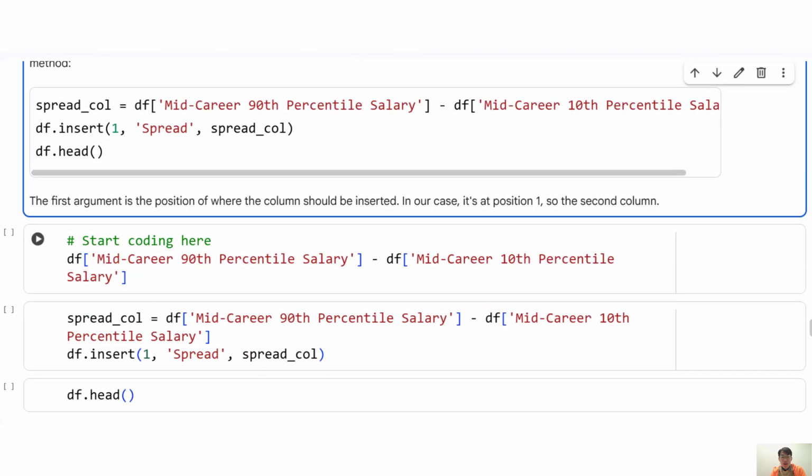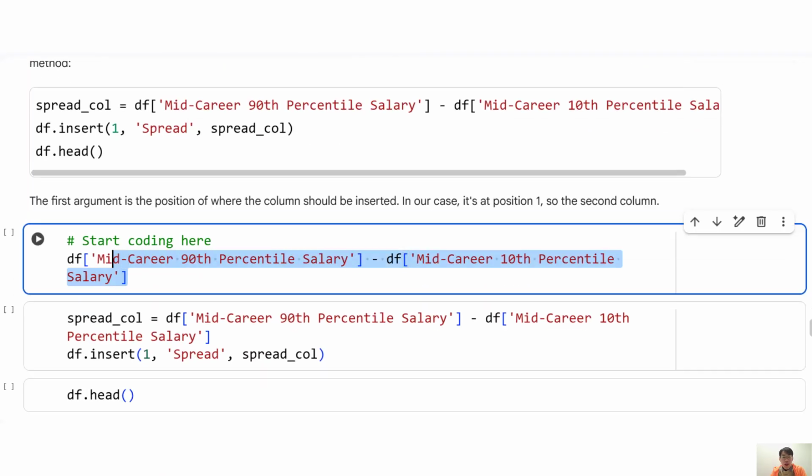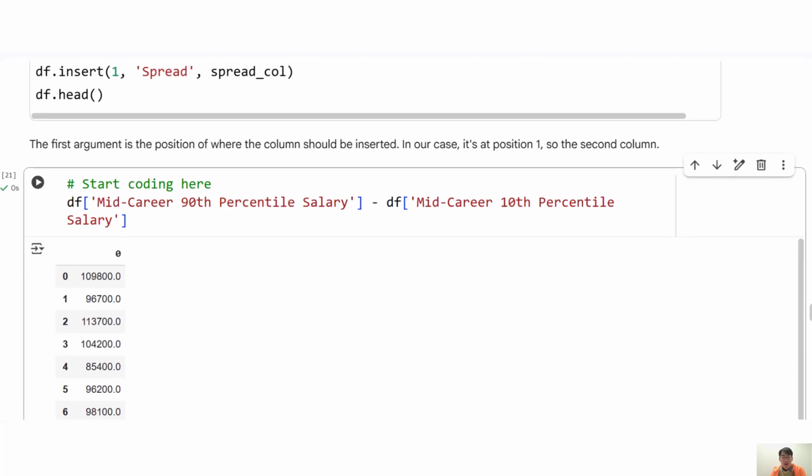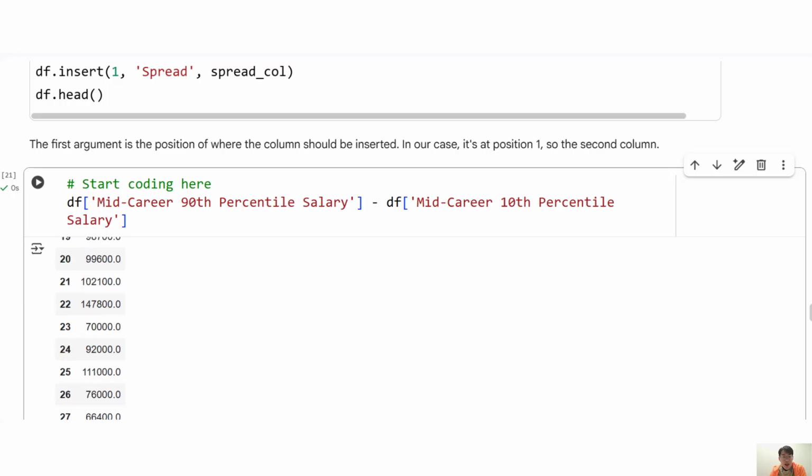So this is the coding area. If we use df mid-career 90th percentile salary minus mid-career 10th percentile salary, it will return a series, a column with the difference. This is, I think, the first major, not sure what it is, but this is the difference between these two columns.